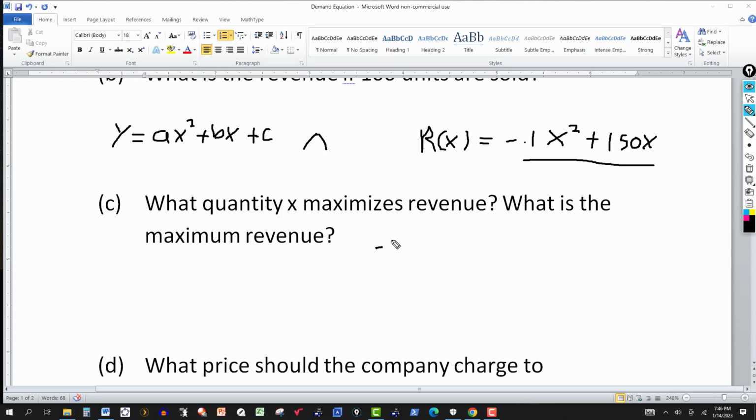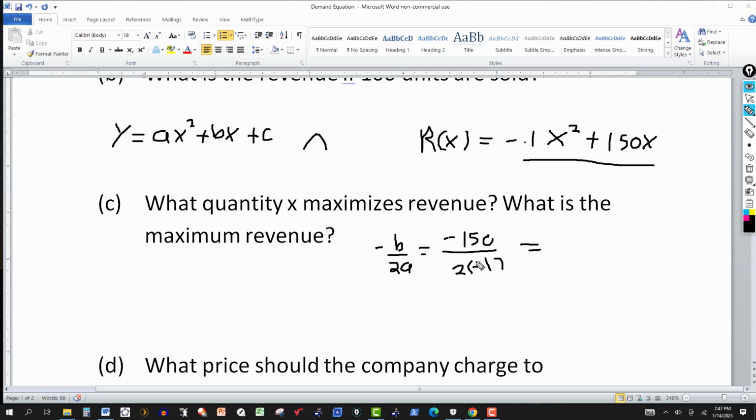One way to find the vertex is to use the formula negative b over 2a, where a is the coefficient of the square term and b is the coefficient of the x term. We just plug it in here. This will be a negative, and then b is 150, divided by 2 times a, and a is negative 0.1.